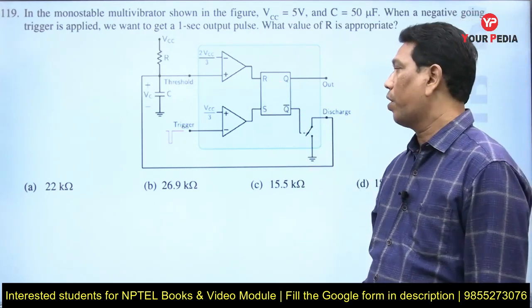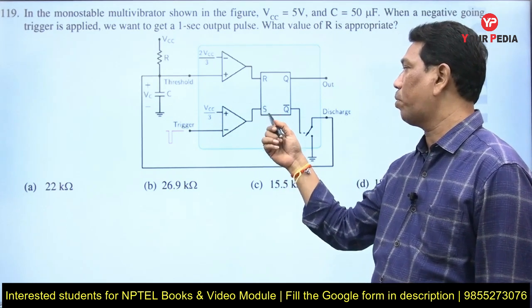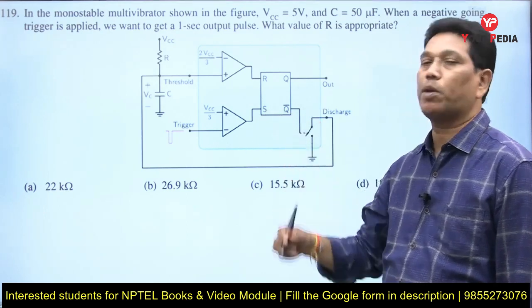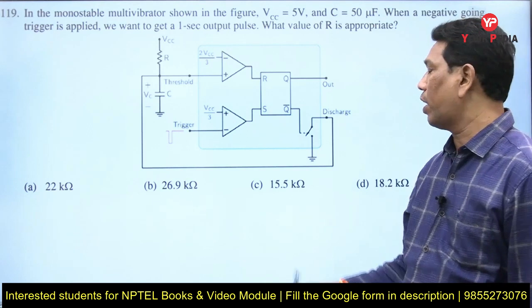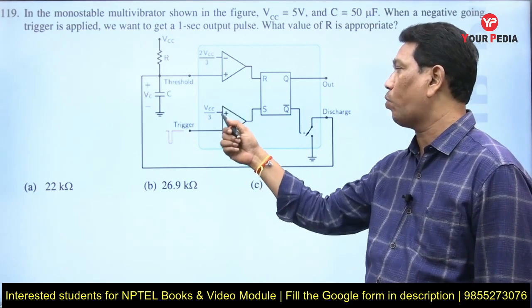Next, there is one more comparator, which drives the set input of the RS flip-flop. Here the trigger voltage is compared with 1/3 VCC.